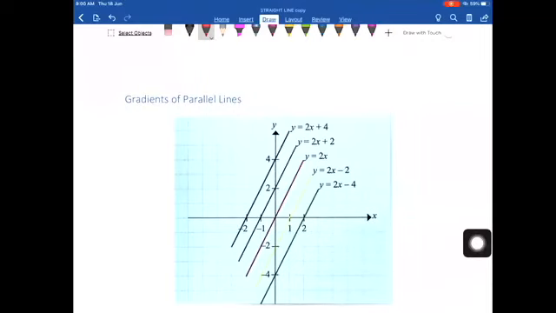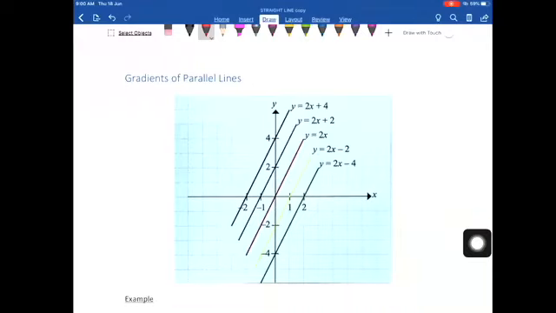So saya nak everyone observe what is on your screen. Okay. Semua line ini adalah parallel to each other. Siapa yang tanya apa itu parallel nak kena dengan saya. Okay, they are parallel to each other.